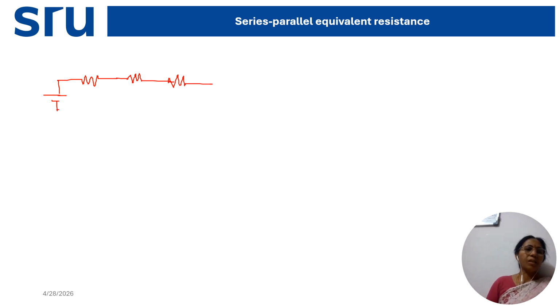If the elements are connected like this in a closed circuit, then this type of connection is said to be a series network. Here is the voltage source V, R1, R2, R3. Of these four elements, one is a voltage source, which is an active element, and the three resistors are passive elements, all connected in series.